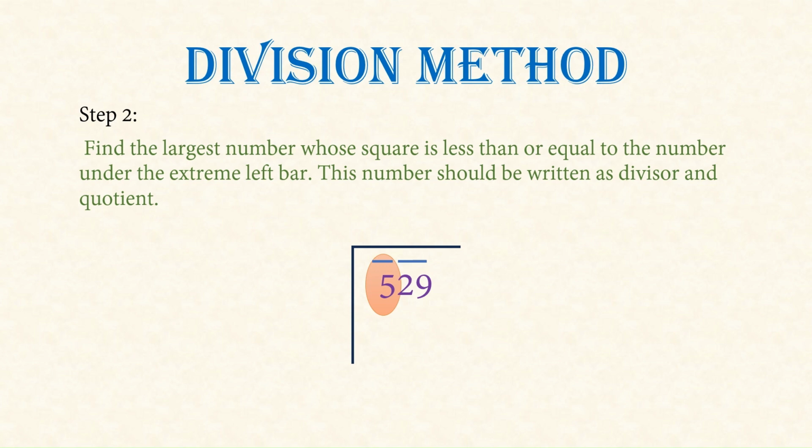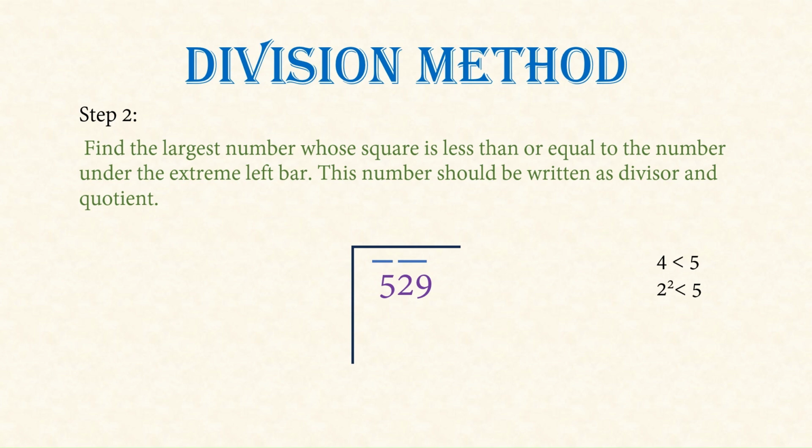So we have to take a perfect square that is just less than 5. 4 we have, and 4 is a perfect square. 4 is less than 5, so we can consider that. And 4 is nothing but 2 square. So now this 2 is the required largest number, and its square is less than the number under the extreme left bar. So this 2 has to be written as both divisor and quotient.